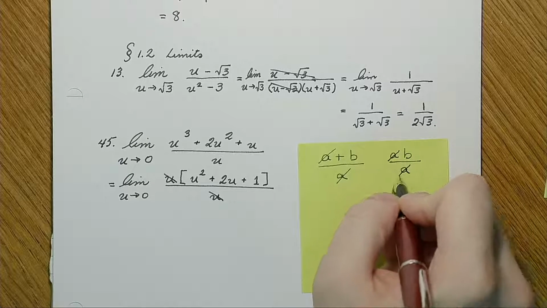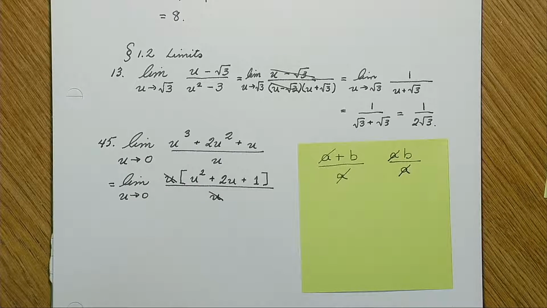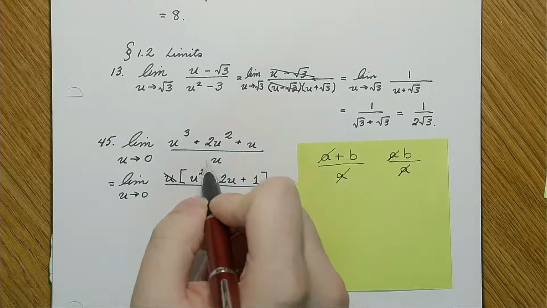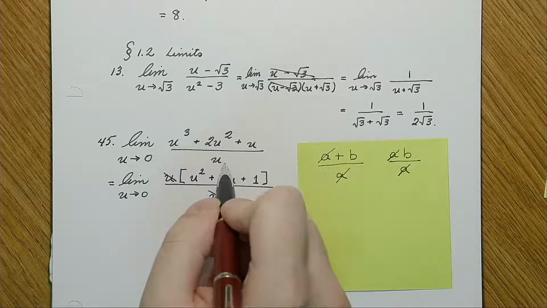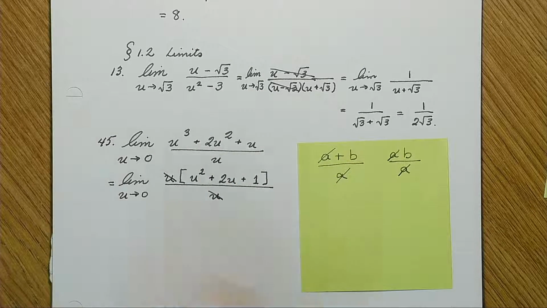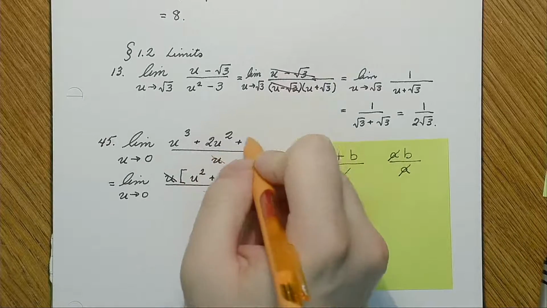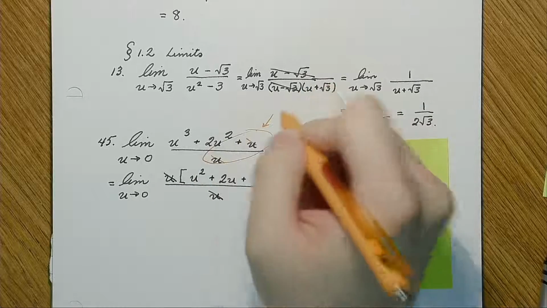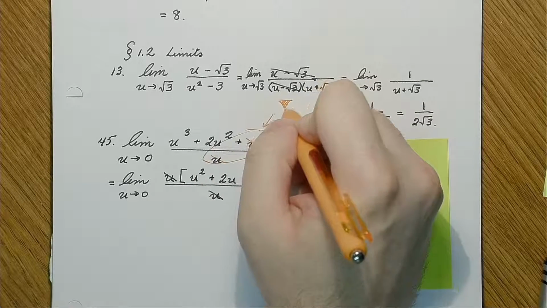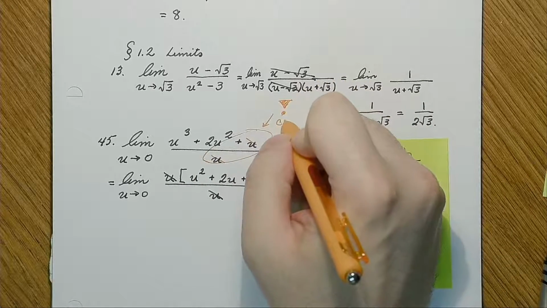So then I can cancel it. So if I saw somebody going like, oh, I see a u here and a u here, and I'll just cancel it, like this, you can't do that.